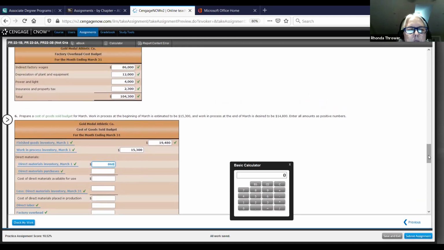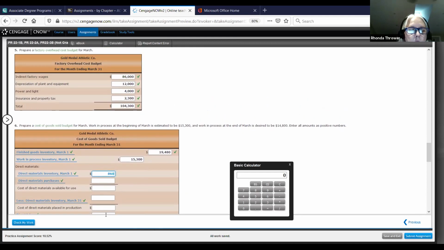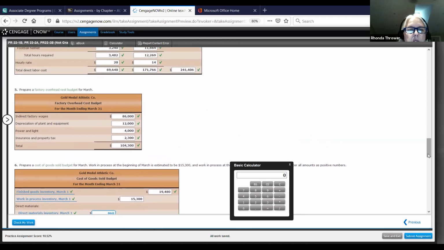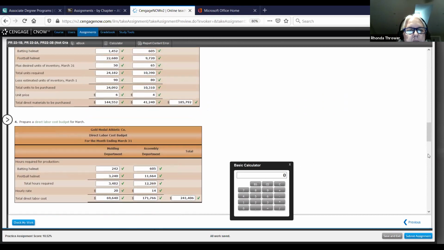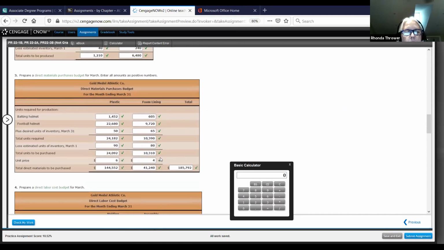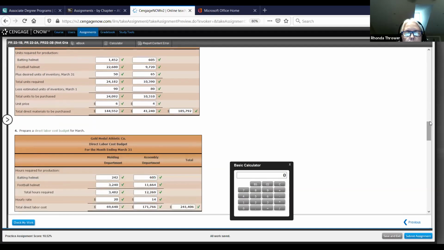That's a given amount, or actually it's not given, it's what we found in our purchases budget. So we're going to go to our purchases budget that we calculated before. Do you see right here is the total direct materials to be purchased, 185,792.